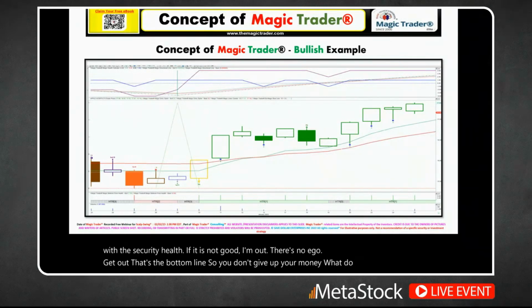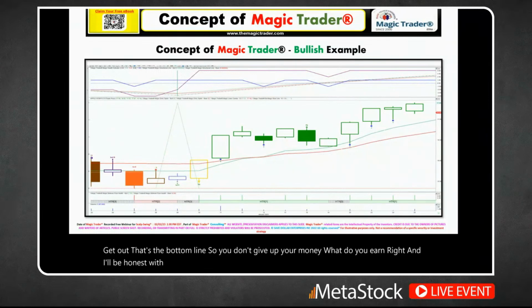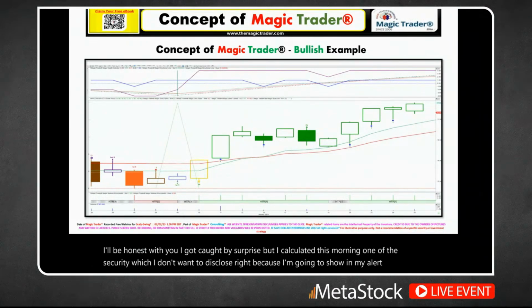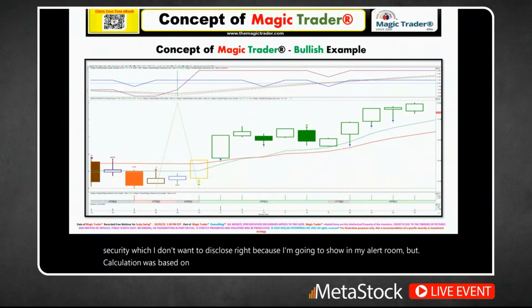And I'll be honest with you, I got caught by surprise, but I calculated this morning one of the securities, which I don't want to disclose because I'm going to show it in my alert room. The calculation was based on this software, and I'm in a positive trade. That doesn't mean it's like that every time, but I try to minimize the drawdowns.